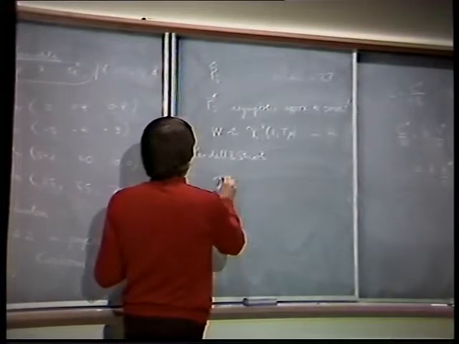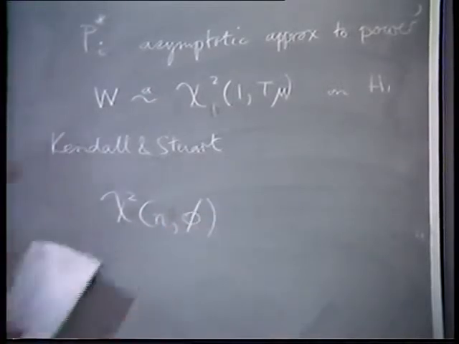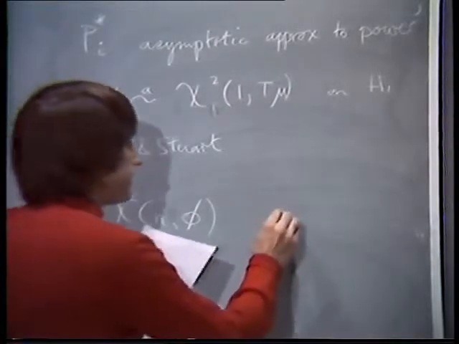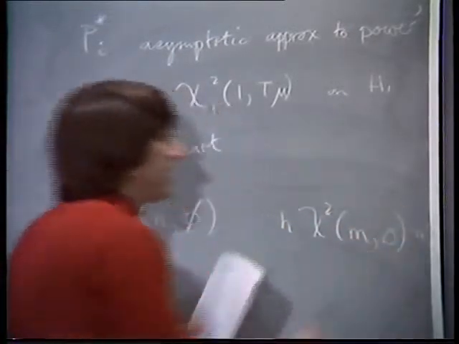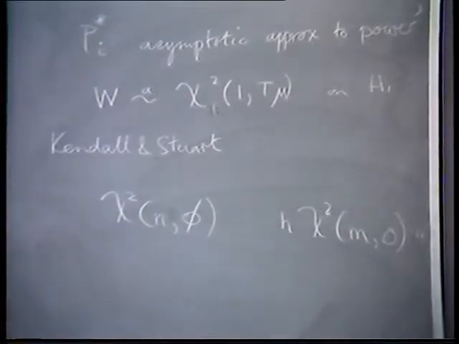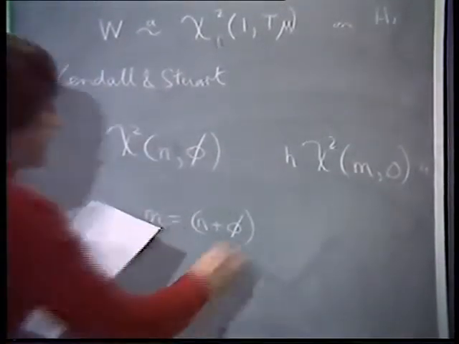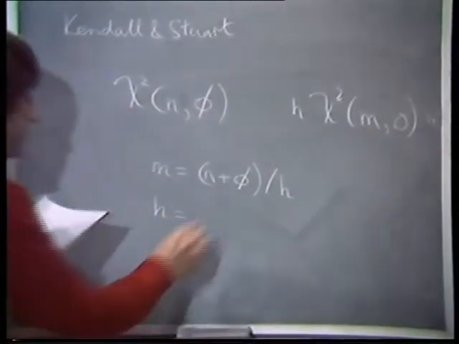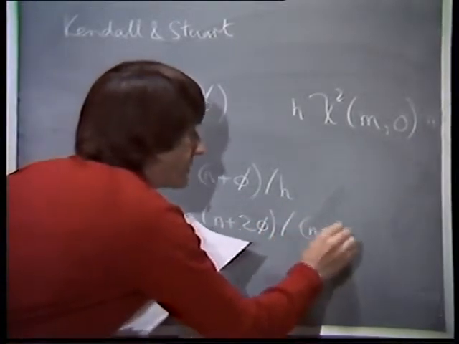And the approximation is that if we have a chi-squared with n degrees of freedom and a non-centrality parameter phi, we can approximate that by h times a central chi-squared distribution with m degrees of freedom, where m is equal to n plus phi divided by h, and h is equal to n plus 2 phi upon n plus phi.